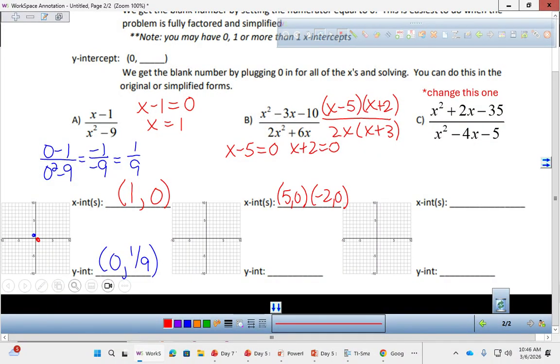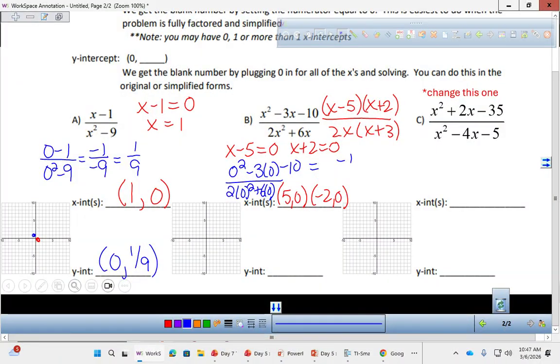Y-intercepts happen on the y-axis, so you can plug 0 in for all of the x's. You can do that to factored form: 0 minus 5, 0 plus 2, 2 times 0, 0 plus 3. Or you can plug it into the original: 0 squared minus 3 times 0 minus 10 over 2 times 0 squared plus 6 times 0.